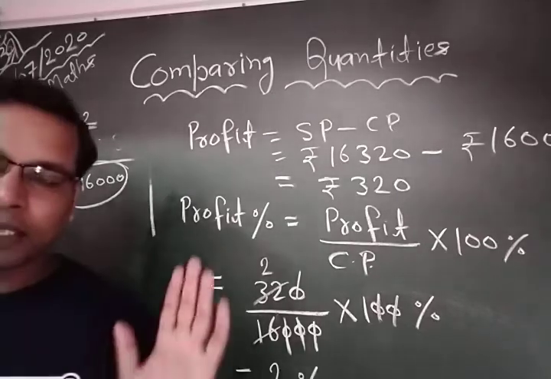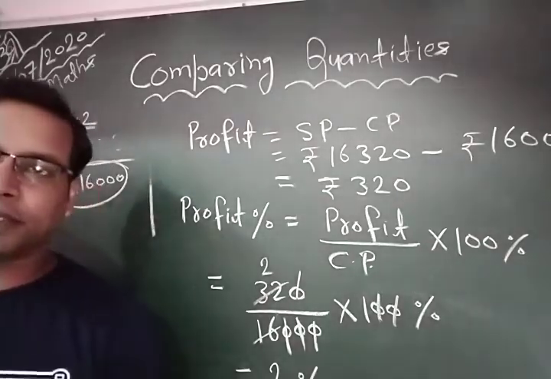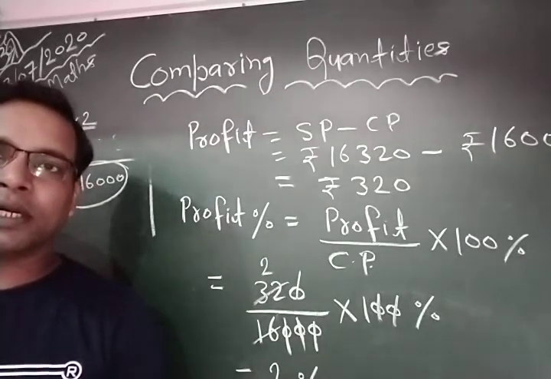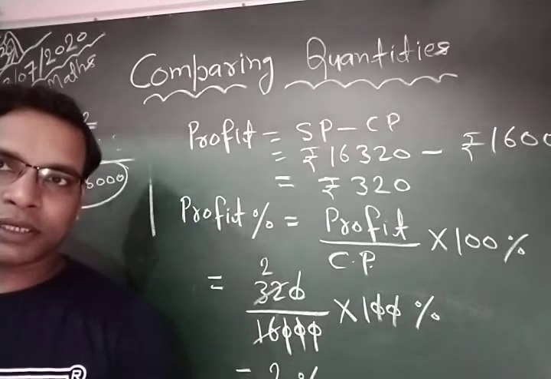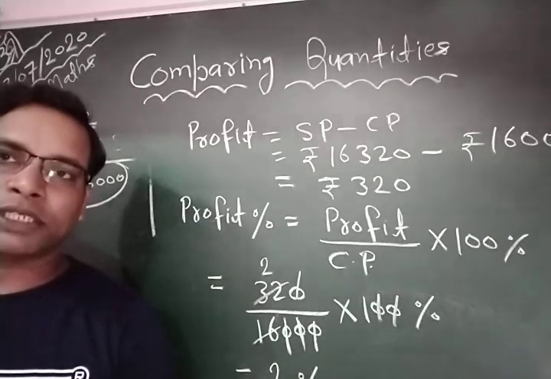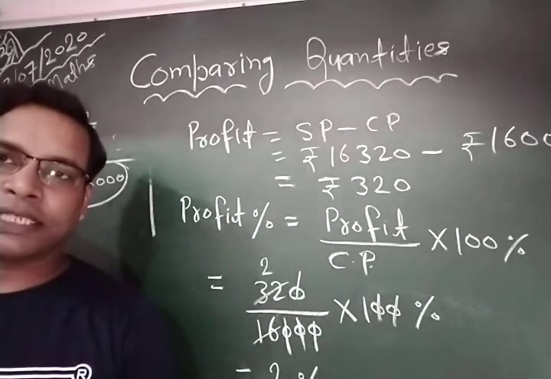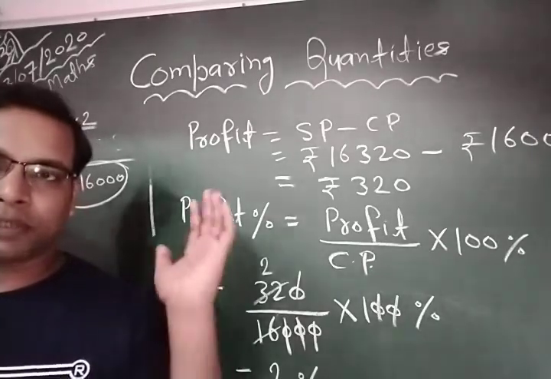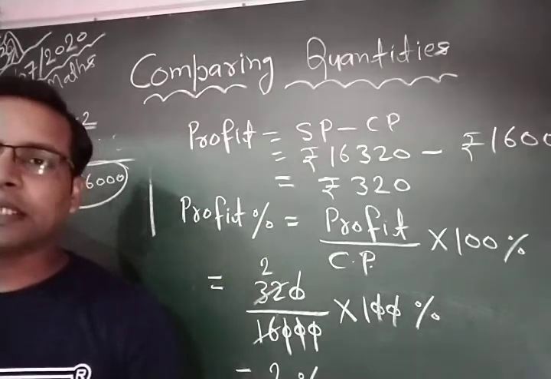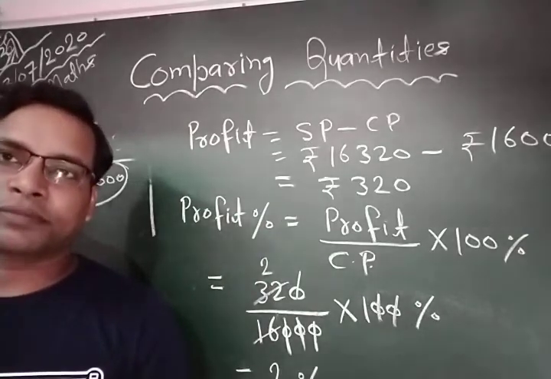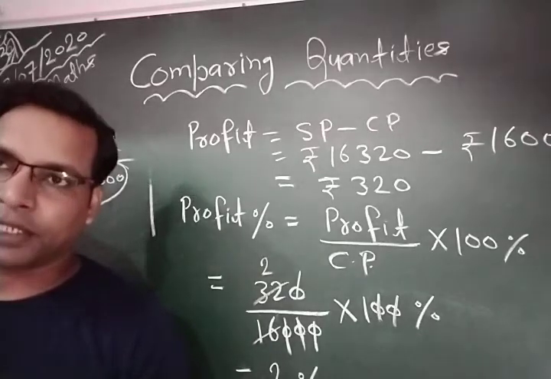Clear? First in this question we find the cost price. The total cost price is 16,000 rupees, because the cost price of TB and BCR is 8,000 rupees each. After this we find the selling price of TB and the selling price of BCR.